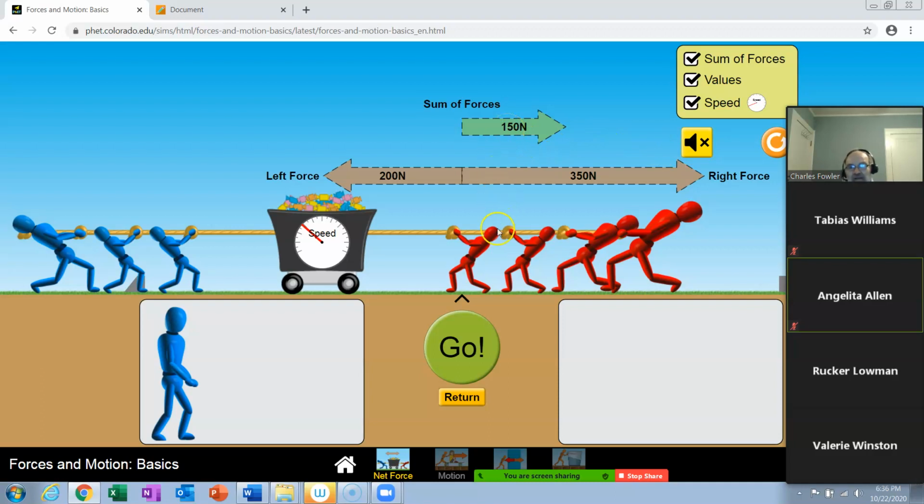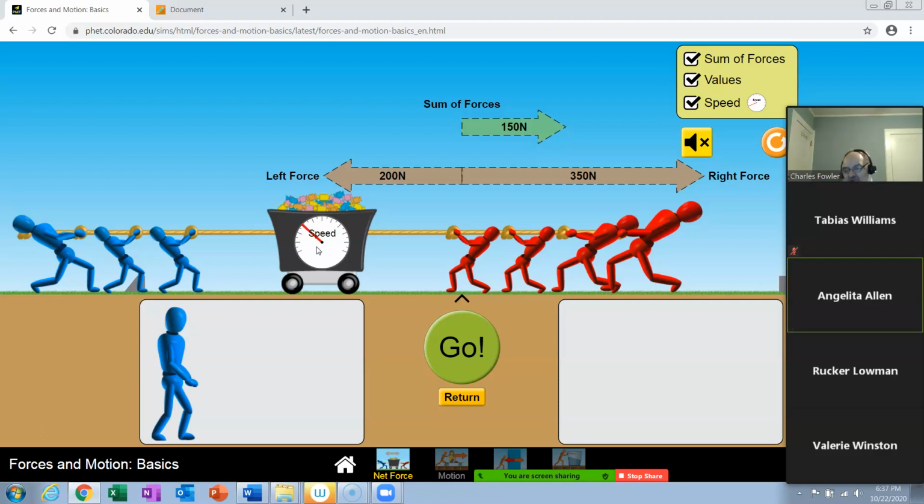Now, when I click on go, what do you expect the motion of the cart to do? We're accelerating, but the speed was going to the left, so that's a right acceleration. Did we answer that question? Will there be an acceleration?